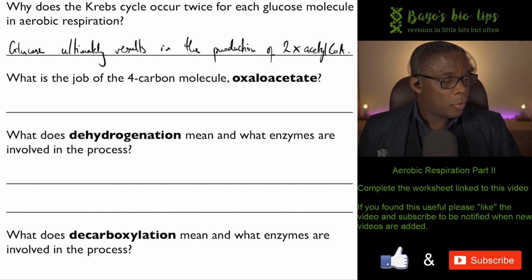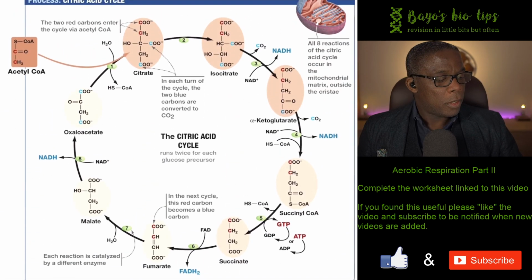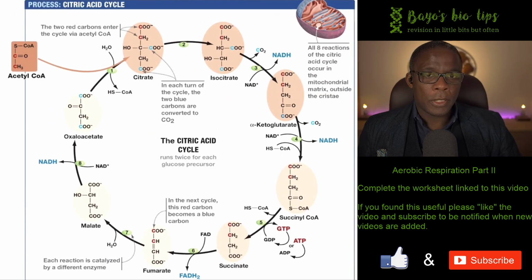So what is the job of the 4-carbon molecule oxaloacetate? If you look back at the diagram, you'll see that acetyl coenzyme A combines with oxaloacetate at the start of the process.